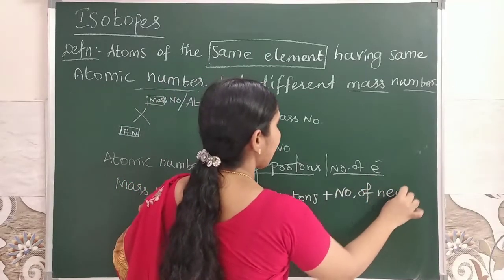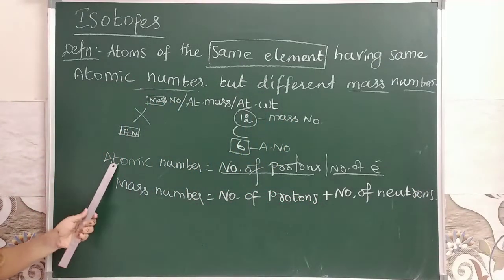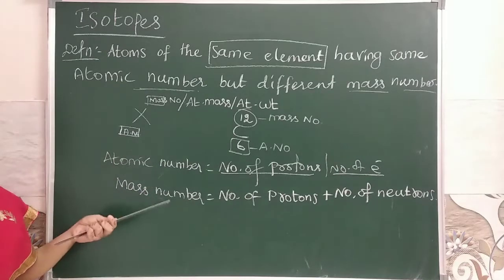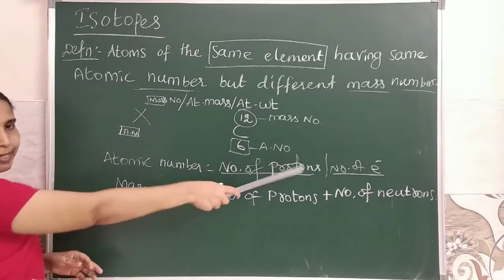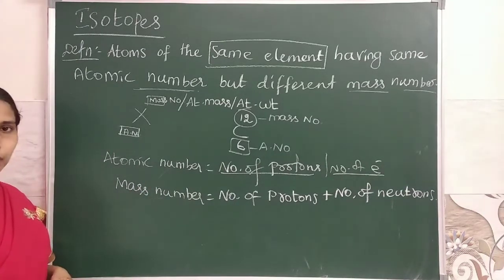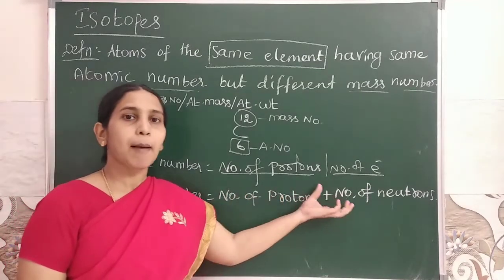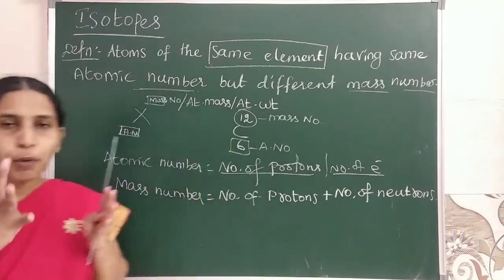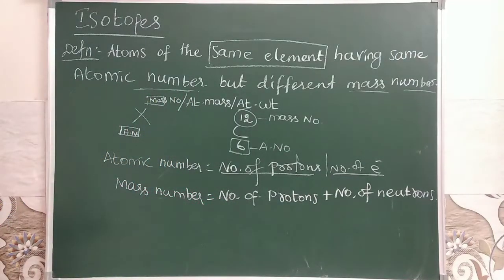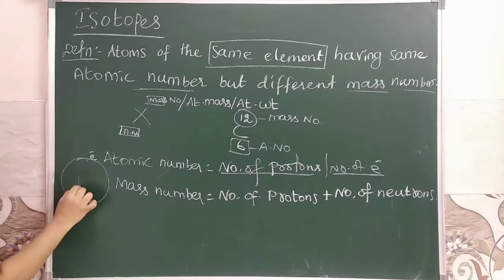Atomic number is the number of protons or electrons, and these two are the same.